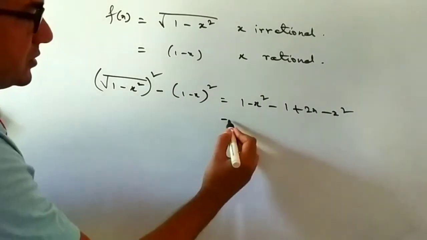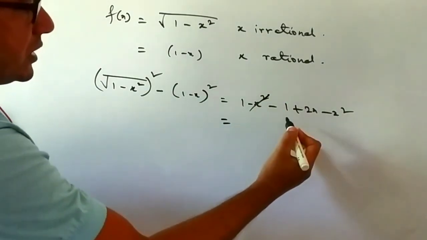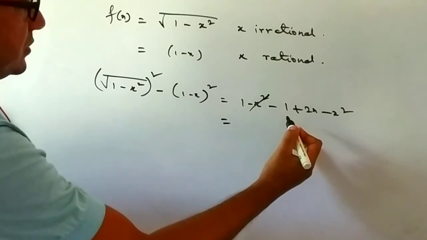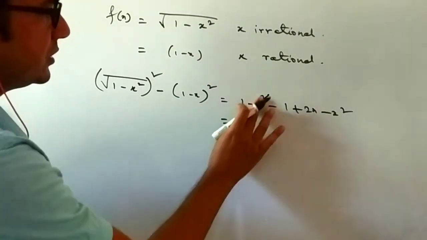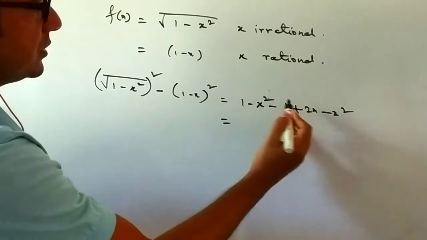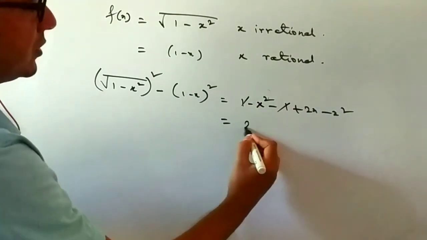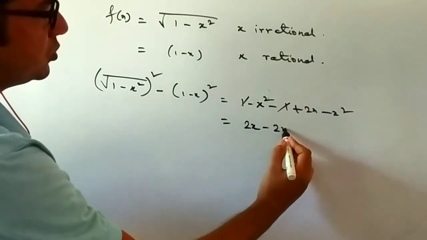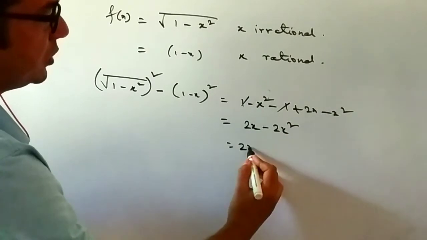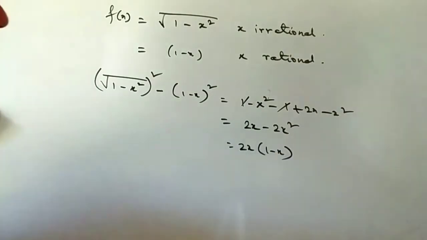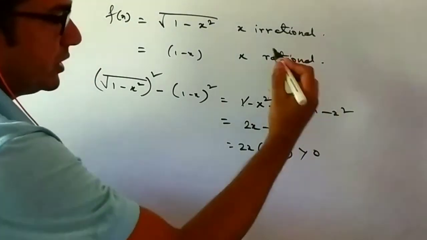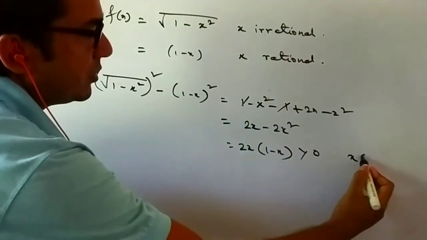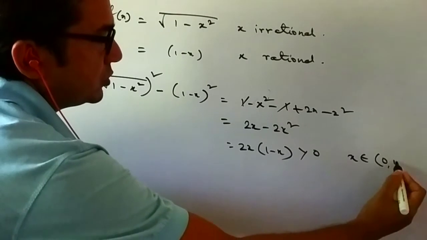The 1s cancel, and this is 2x minus 2x square, that is 2x into (1 minus x). This is greater than 0 because we examine the Riemann integration for x belonging to (0, 1).